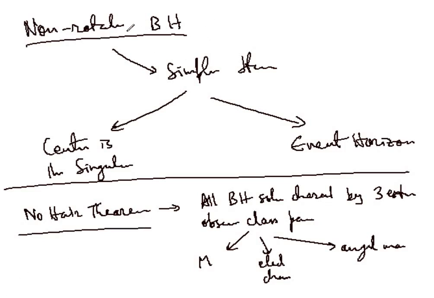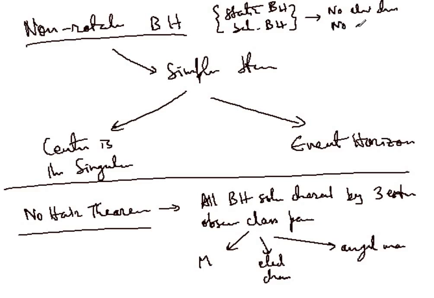So we have been talking about this non-rotating static black hole, which is also sometimes called a Schwarzschild black hole. Here it is only characterized by the mass m, since it has no electric charge and no angular momentum, only mass.